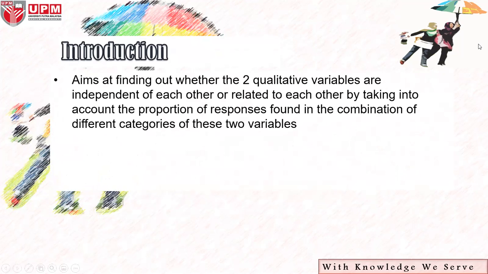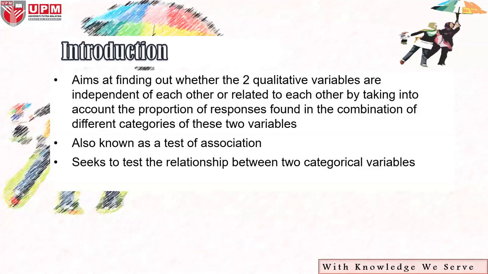Independent of each other means not related to each other, or they are related by taking into account the proportion of responses found in the combination of different categories of each of the two variables. So it is also known as test of association.